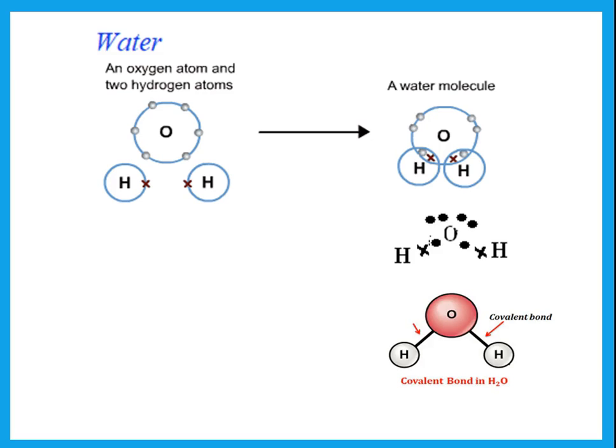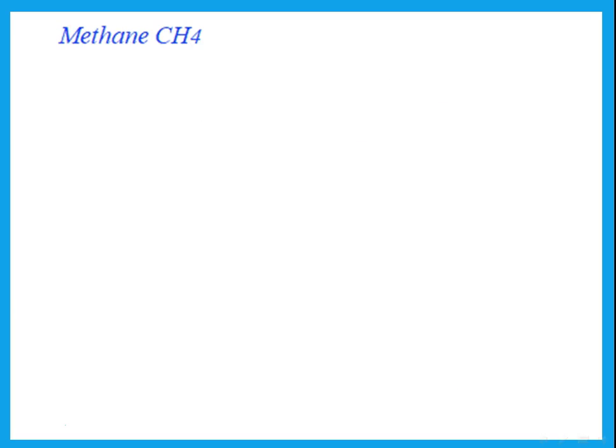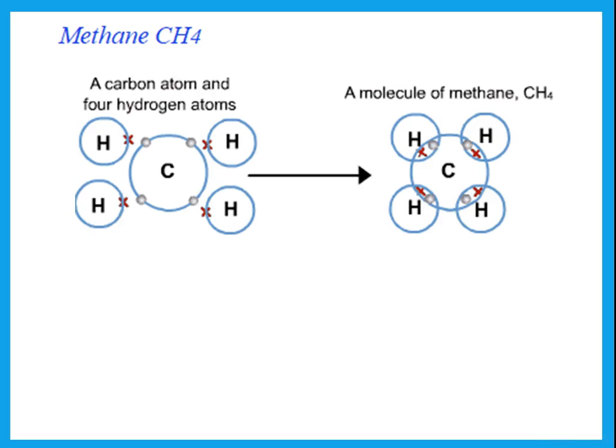Now when I share a pair of electrons like this, it is called a single covalent bond. So the covalent bond is where we're sharing a pair of electrons. If it's 1 pair, it is called a single covalent bond. Methane. Methane is a compound made up of carbon and hydrogen. You should realize each hydrogen can donate 1.